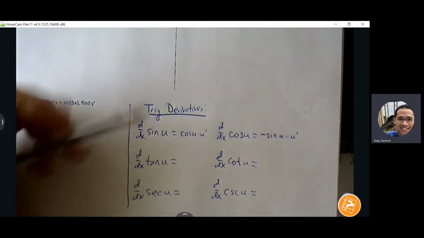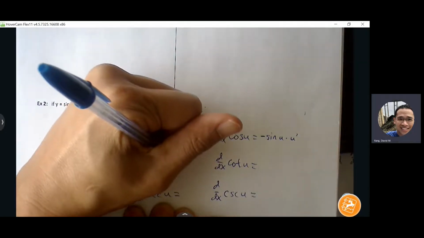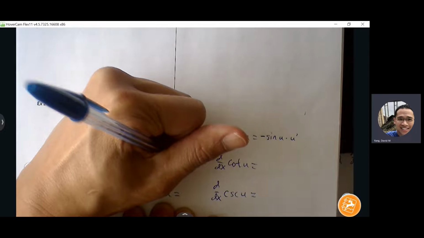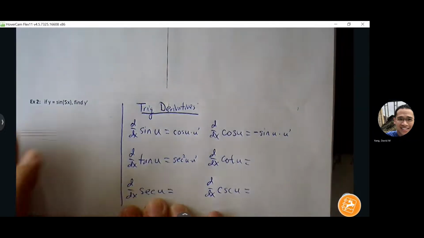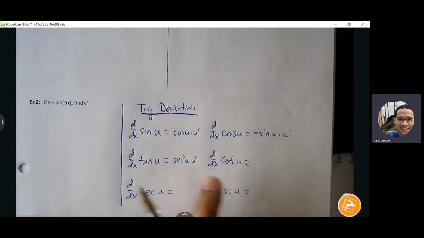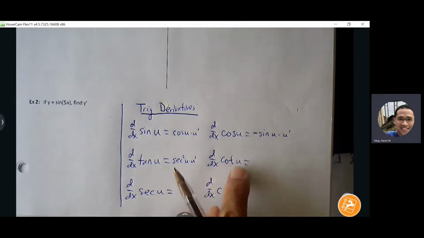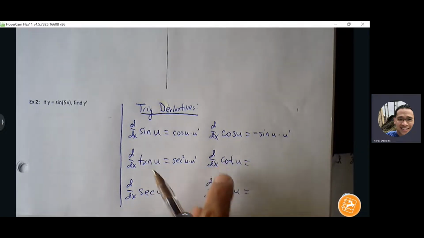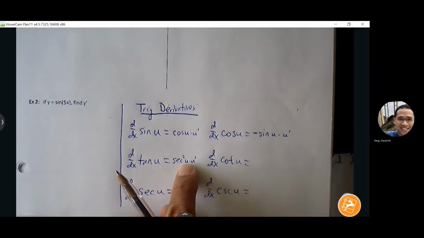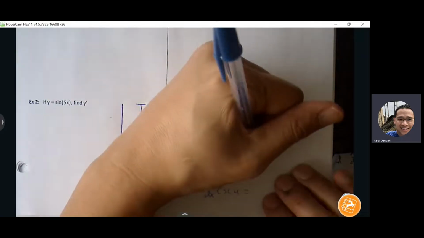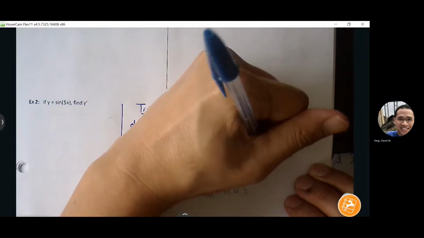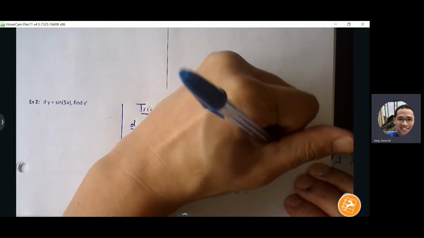So tangent's derivative is secant squared u times u prime. And if you have this in front of you, then you can also get to cotangent, because cotangent is also involving the ones below it in a similar form. So cotangent is just negative secant squared u times u prime.